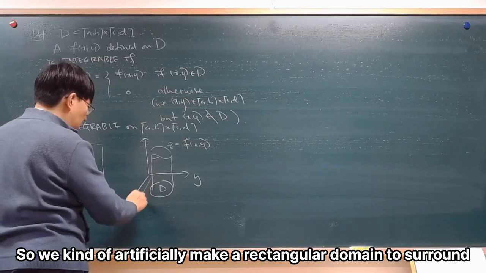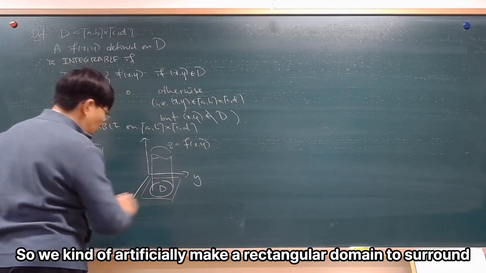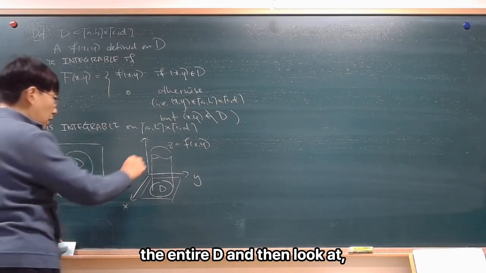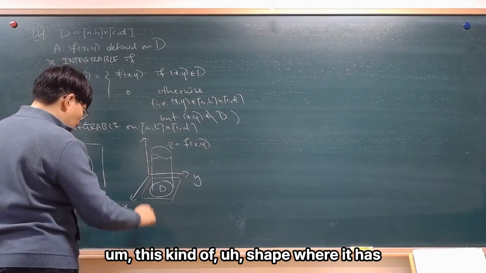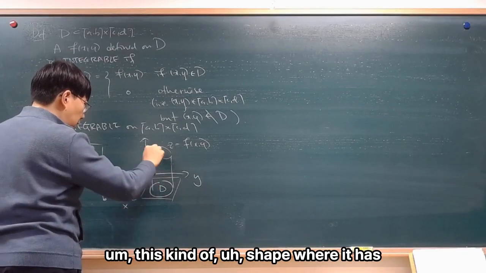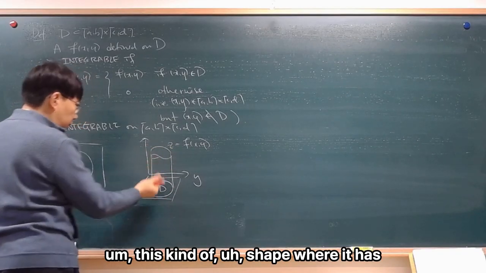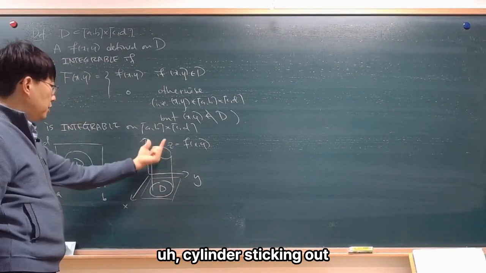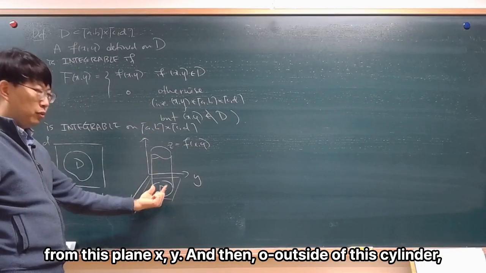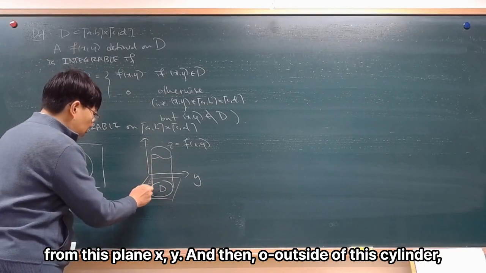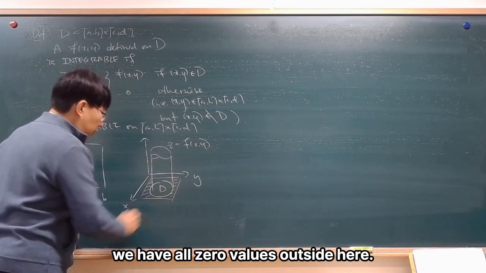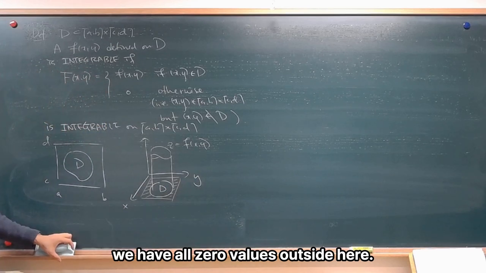So we artificially make a rectangular domain to surround the entire D, and then look at this kind of shape where it has a cylinder sticking out from the plane x y, and outside of this cylinder we have all 0 values.